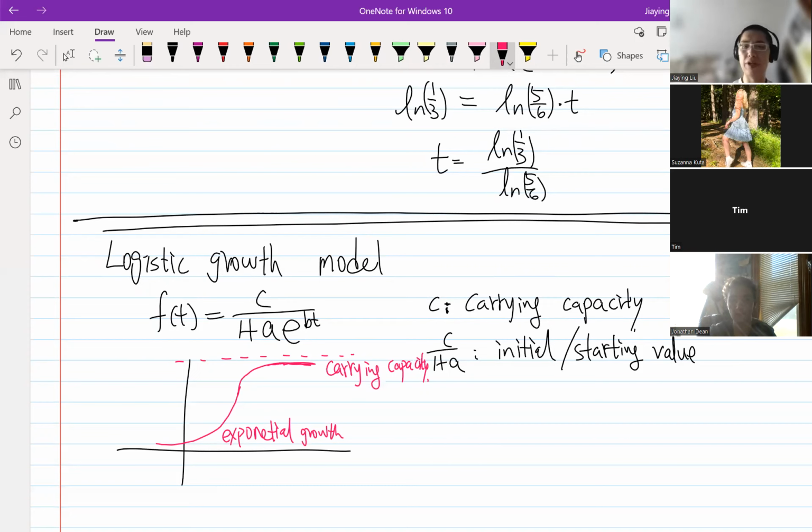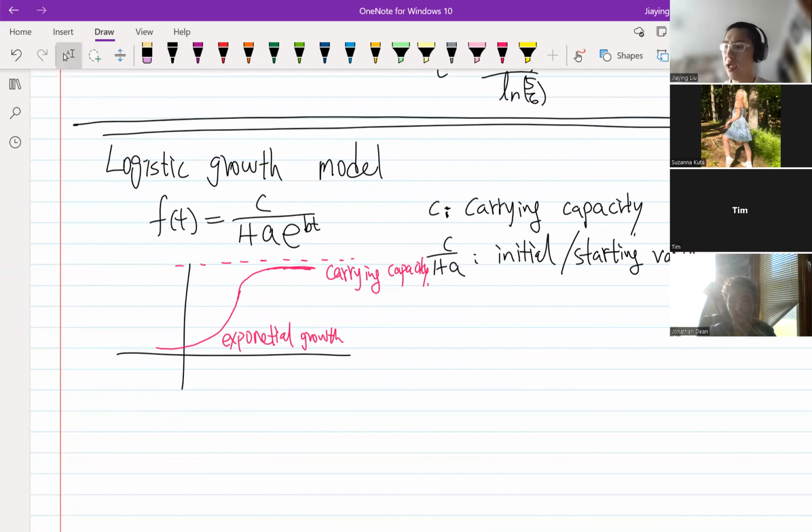For example, if we look at a population growing on an island, the population cannot possibly just grow exponentially because eventually it's going to run out of food and other resources, and those are the limiting factor. So the population has to reach a certain maximum. So that's another way to think about it.